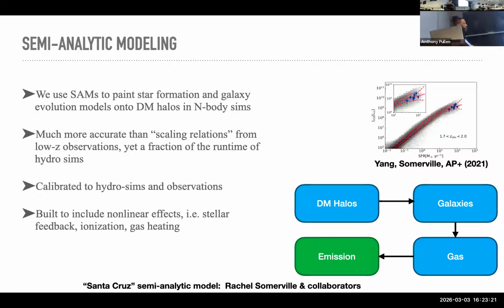Also, by using a sub-millimeter model called DESPOTIC, we're able to predict the emissions of lines like CO and C II as well, which we can then use to simulate line intensity maps.